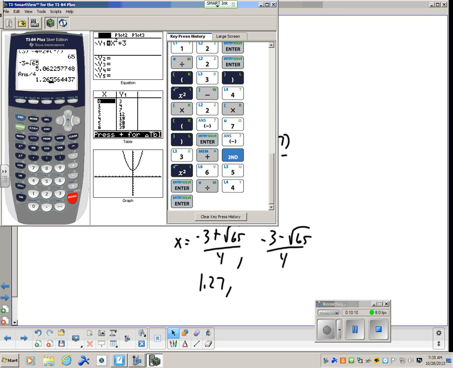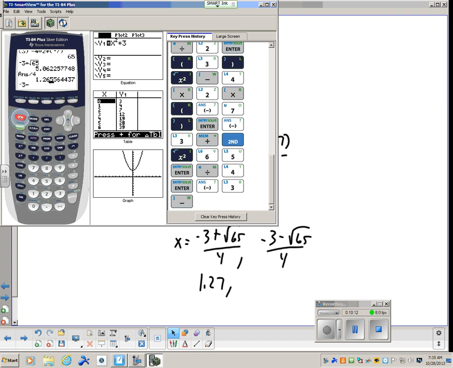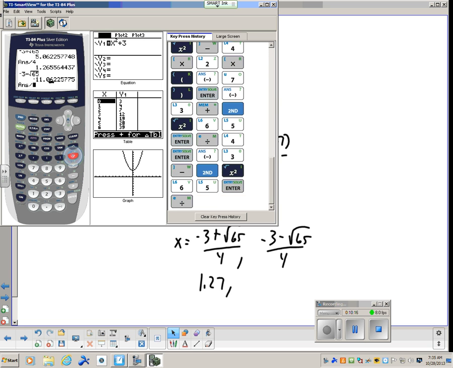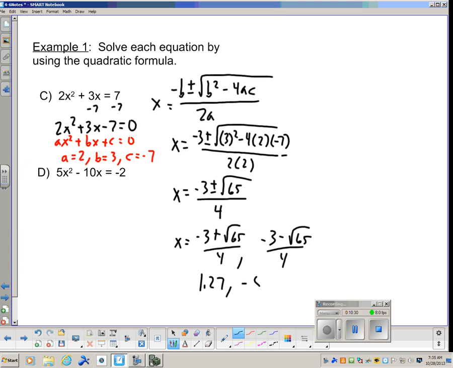I've got negative 3 minus the square root of 65 divided by 4. And this time I've got negative 5.53. Since that number to the right of the 3 is a 1, I'm not going to round up to 4, so negative 5.53. Remember, 5 or larger, you would round up the value of 3 to a 4.